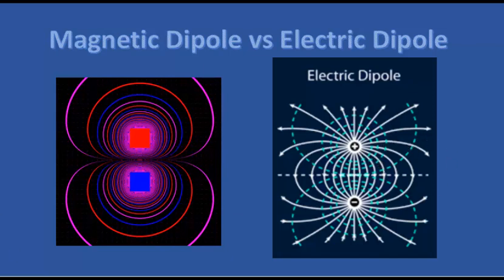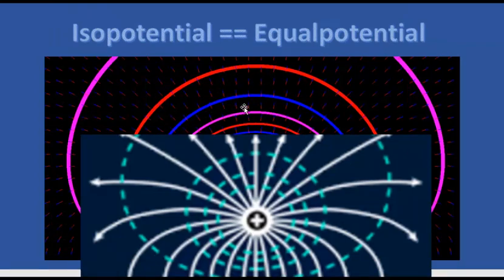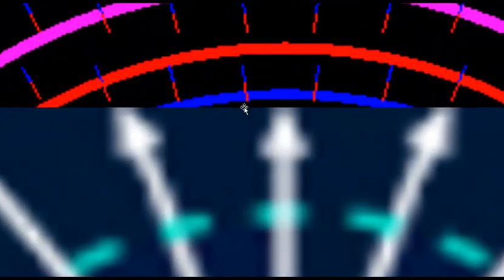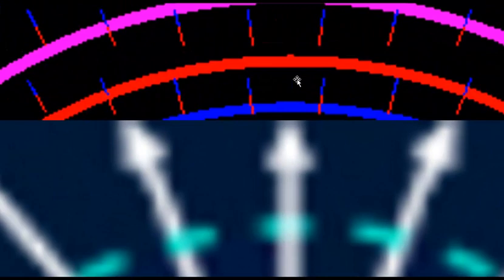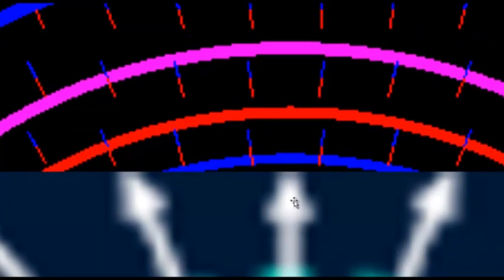You can't see it in this image, but I zoomed in a little bit and overlaid the electric potential lines with the isopotential lines from Michael's software. Let me try to zoom in a little bit here. You can see Michael's software also generates the orthogonal lines, which correspond to the electric field.